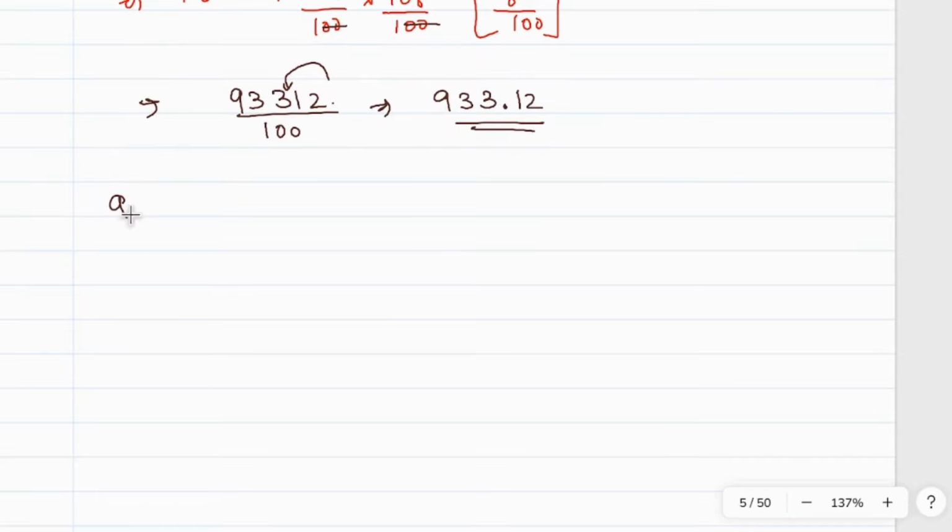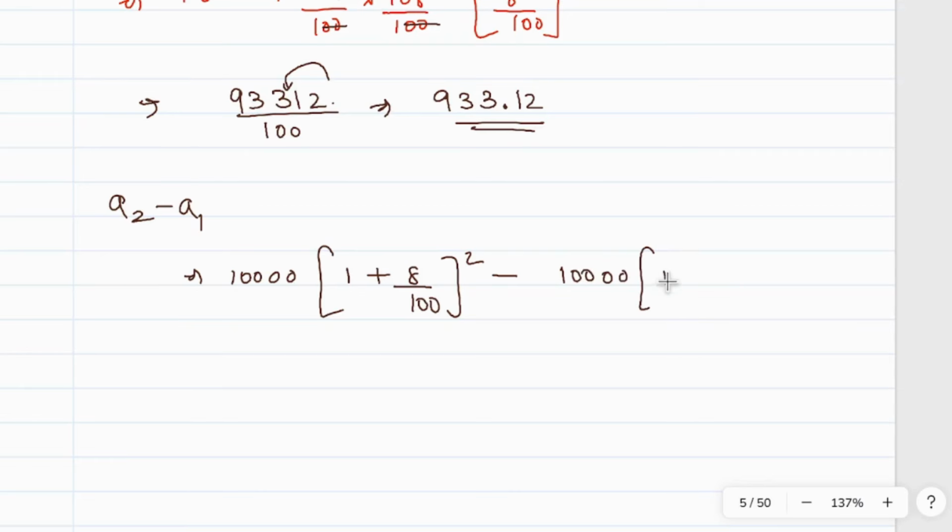Now let's find A2 minus A1. What's the value for A2 minus A1? A2 is 10,000 into (1 plus 8 by 100), the whole square, minus 10,000 into (1 plus 8 by 100) raised to 1.